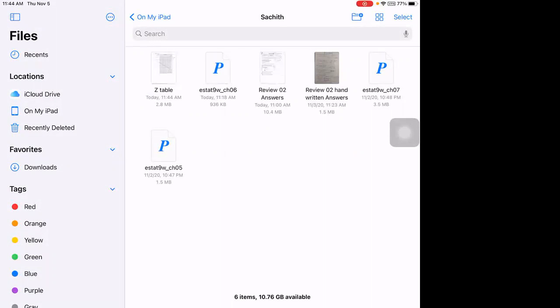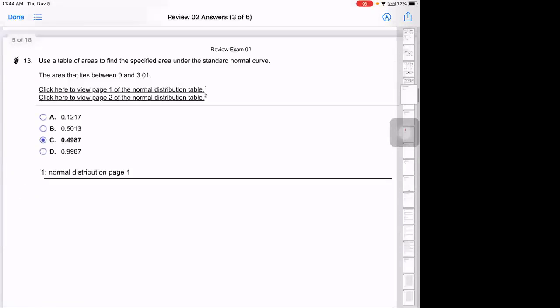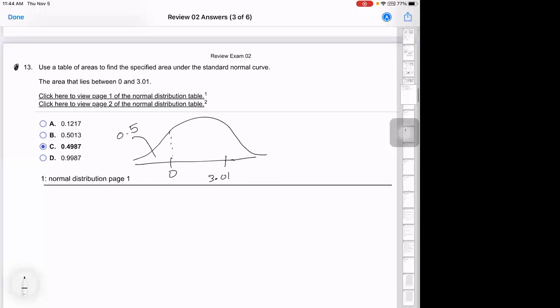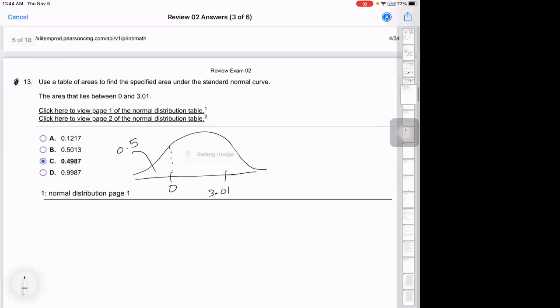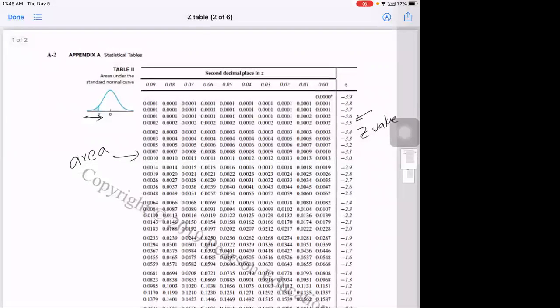Then question number 13. So the area belonging to 0 is 0.5. But you have to find the area belonging to 3.01 as well. You can play the same game to find 3.01.